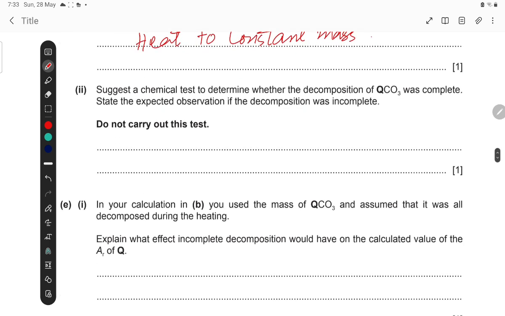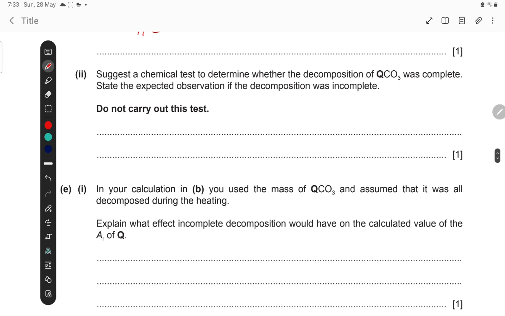Suggest a chemical test to determine whether the decomposition of QCO3 was complete. State the expected observation if the decomposition was incomplete. Add an acid.